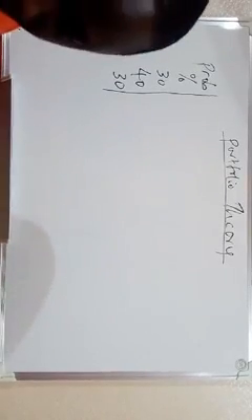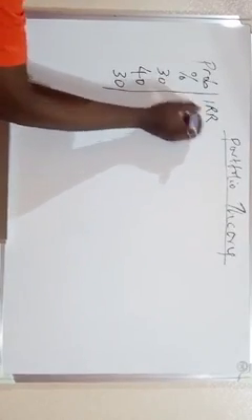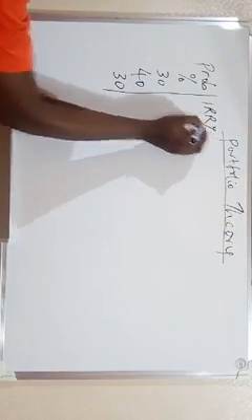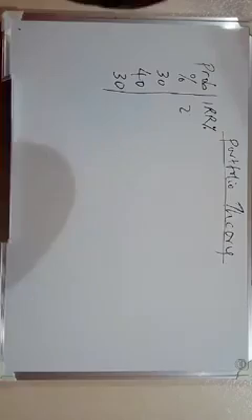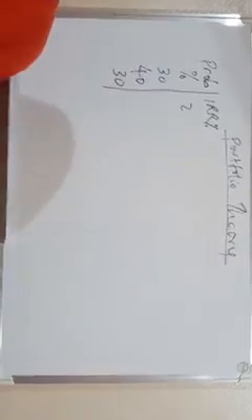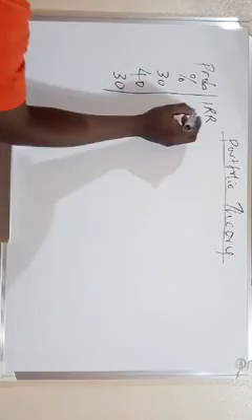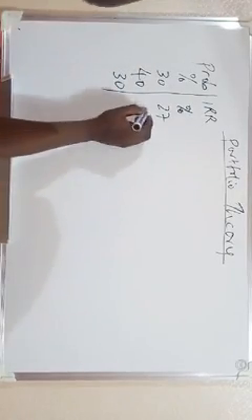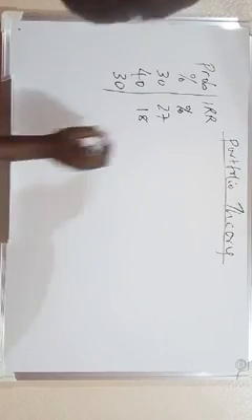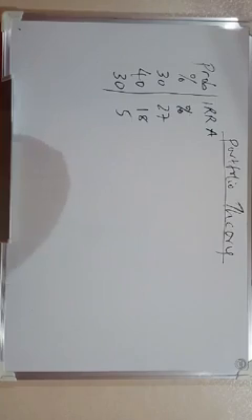Then we have the internal rate of return, also in percentage: 27, 18, 5. This is for security A.